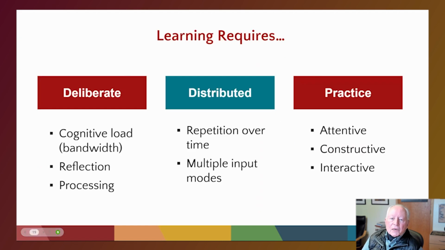So in focusing on the neuro piece, it's very clear that learning requires deliberate, distributed practice. In other words, it has to be intentional. You really need to be deliberate about it, and we need to be mindful of the cognitive load, i.e. the bandwidth.